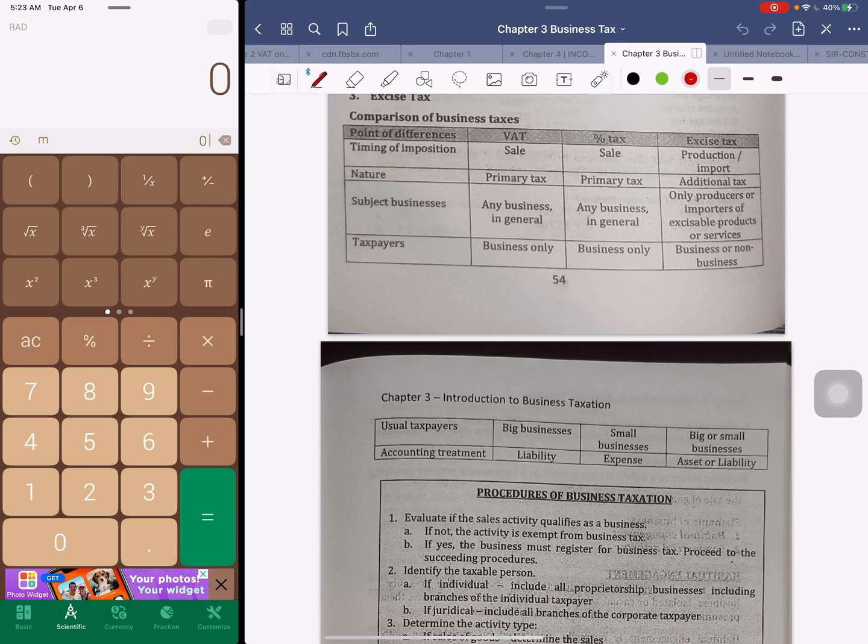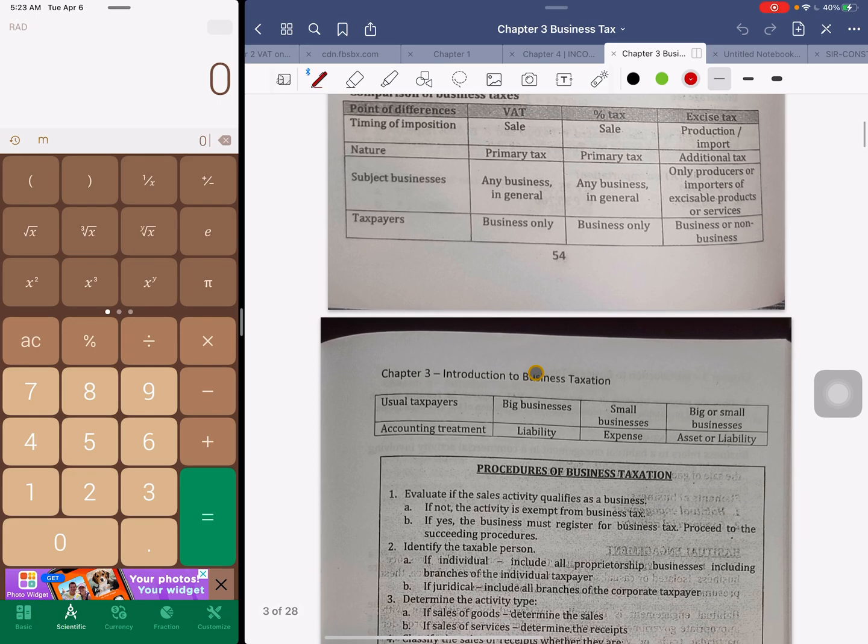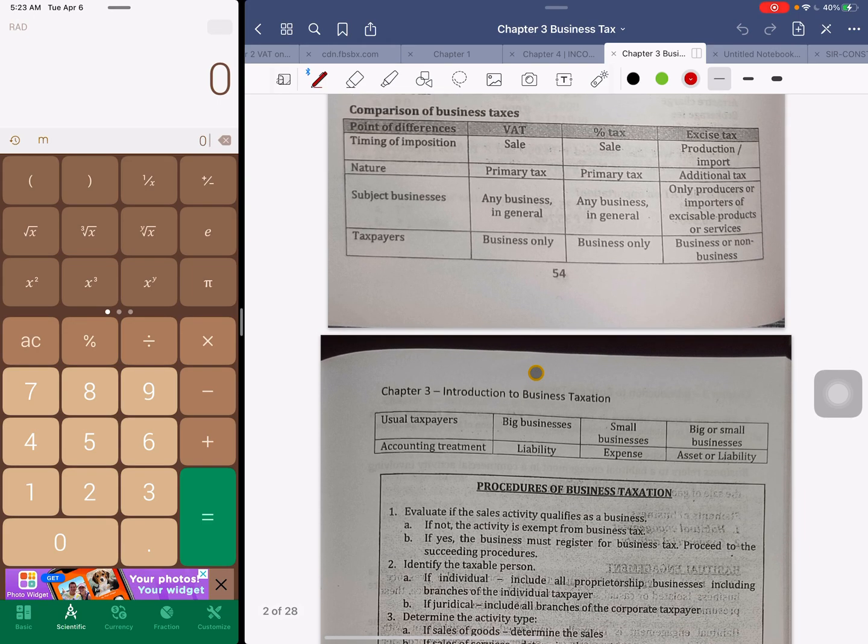Okay. So, nature: primary for both VAT and percentage tax, and additional tax only kapag excise, no? Subject, businesses. So, lahat ng businesses in general are subject to VAT or percentage. However, for excise tax, only those businesses that are producers and importers of excisable products or services yung subject sa excise tax, no?